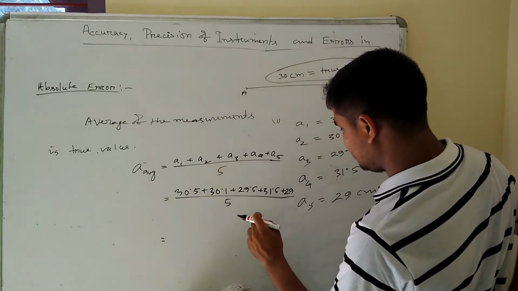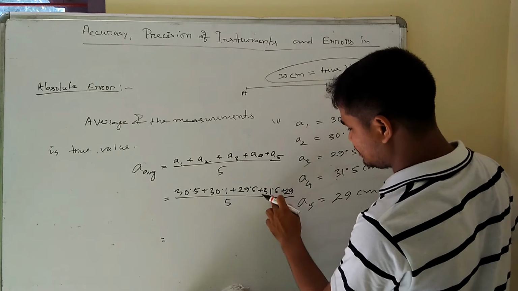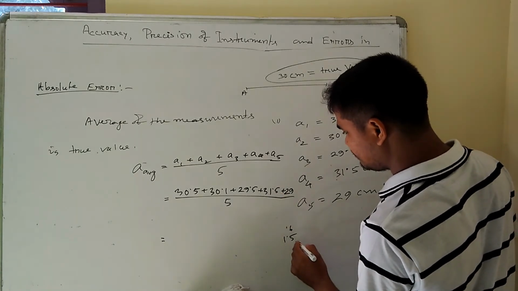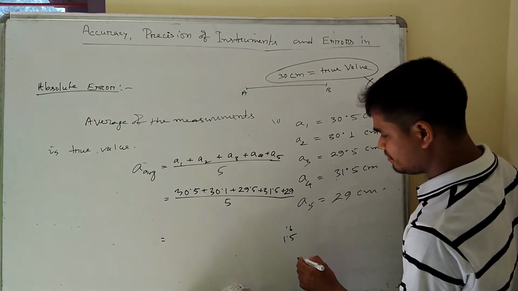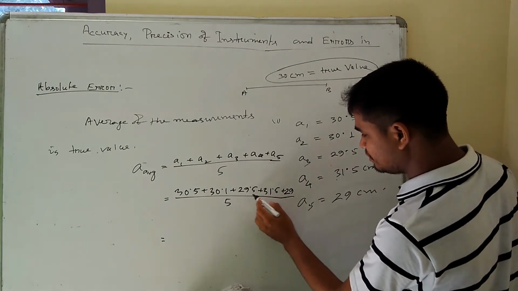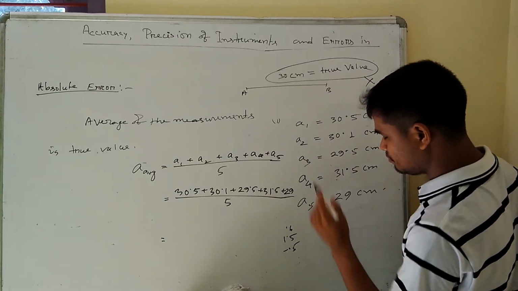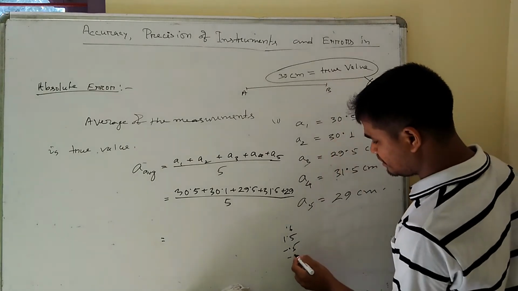30.5 plus 0.6, 0.6, 0.6, 0.6, 1.5, 1.5. And the other value is 29.5 minus 0.5 minus 1.